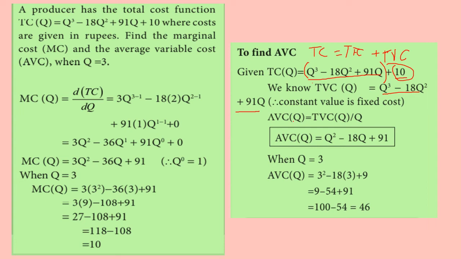So AVC is equal to TVC divided by Q. What is TVC? This is TVC: Q power 3 minus 18Q square.